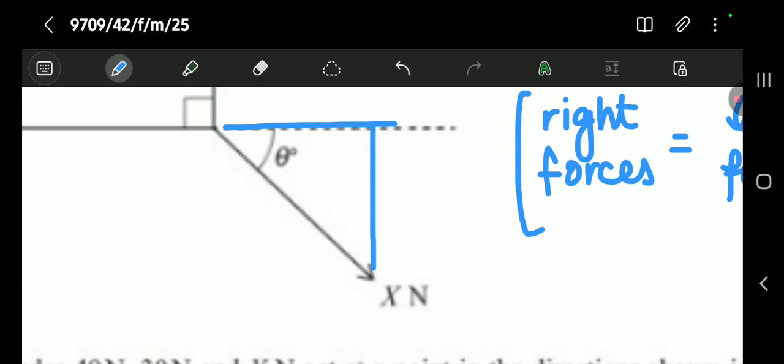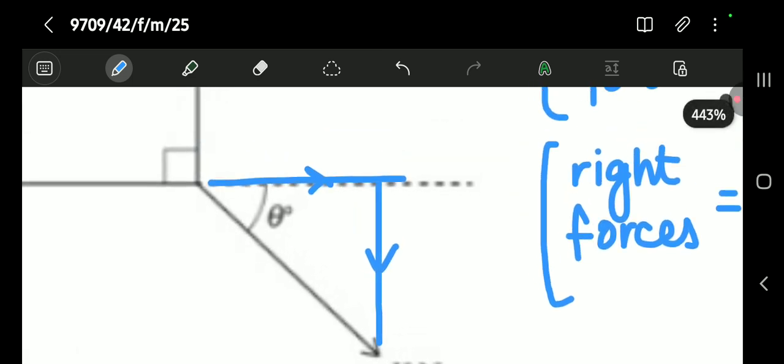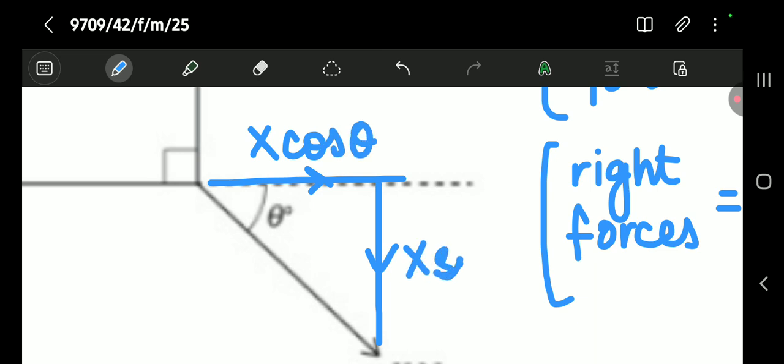If this is the resultant vector x, these are the directions of its two components. Along the theta it would be x cos theta, and opposite to the theta angle there will be x sin theta.